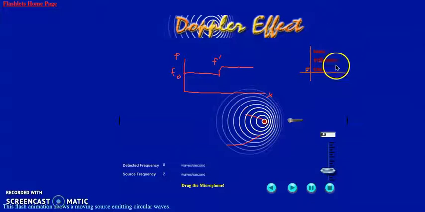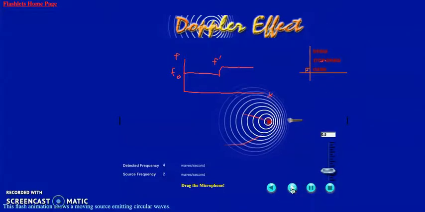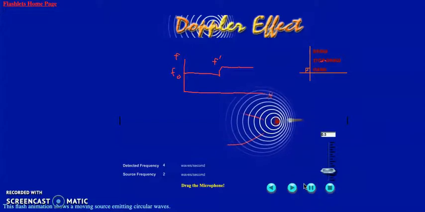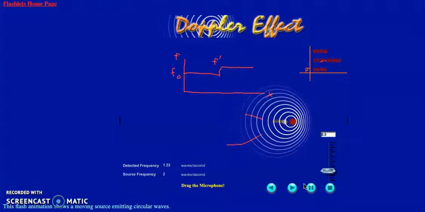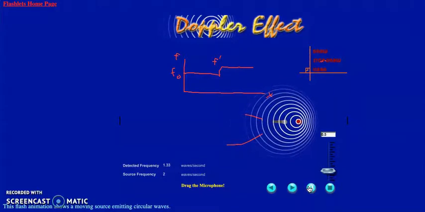So F prime, when it's moving towards us, is higher than when it was stationary. And then when it moved away from us, so this is towards us, higher clicks, normal, and then lower, we get a drop in the frequency compared to the original. So if I were to go back to where this was, as it passed through us, we would have a transition.